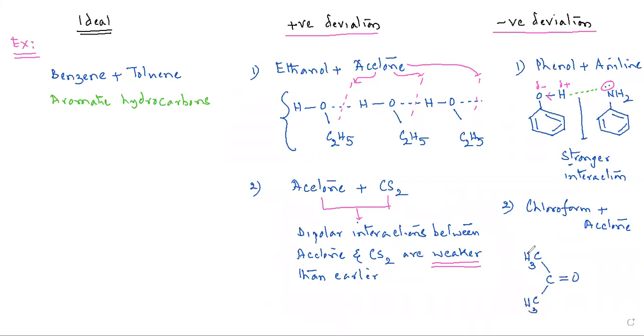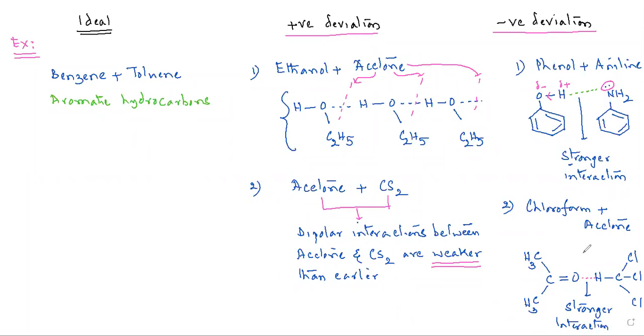So this is the acetone molecule, and this is our chloroform. Between these two, new attractions develop. I mean, hydrogen bonds are formed between the oxygen of acetone and hydrogen of chloroform. So the interactions have now become stronger.